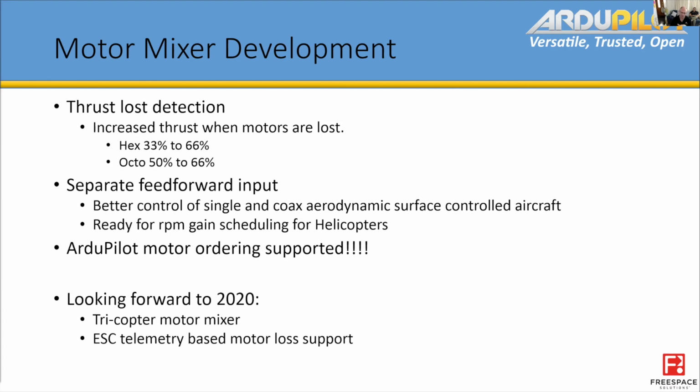By separating it into the motor library in a separate function, it allows gain scheduling to be done appropriately based on airspeed, or in the case of a single rotor or coax rotor, which is a lift band with moving actuators underneath it. It allows us to gain schedule the amount of movement from the feed forward differently to the PID, because they both need to scale differently to maintain the same dynamic performance based on your throttle position, for example.